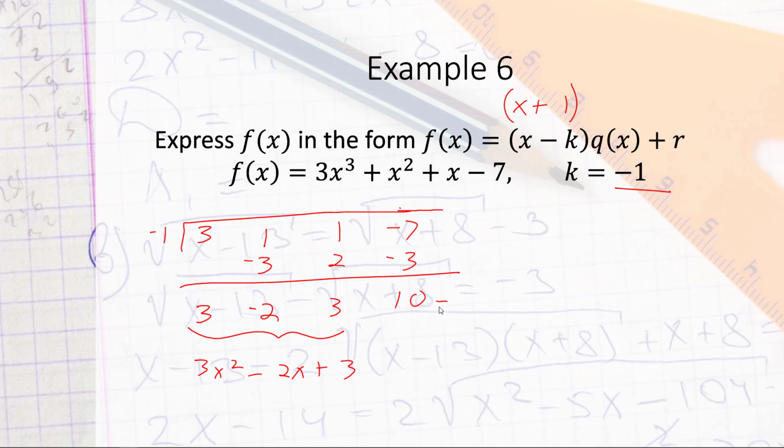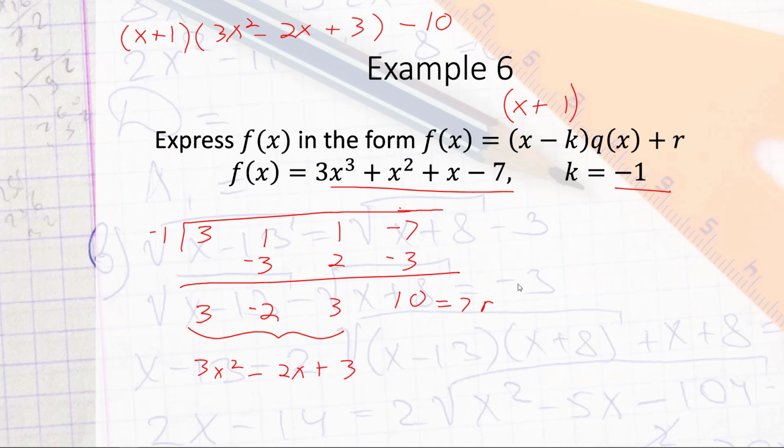And this is our remainder r. And therefore we can write this polynomial as follows. X plus 1, because it's x minus k in case negative 1, times 3x squared minus 2x plus 3 minus 10. And that, of course, will be equal to this term right down here.